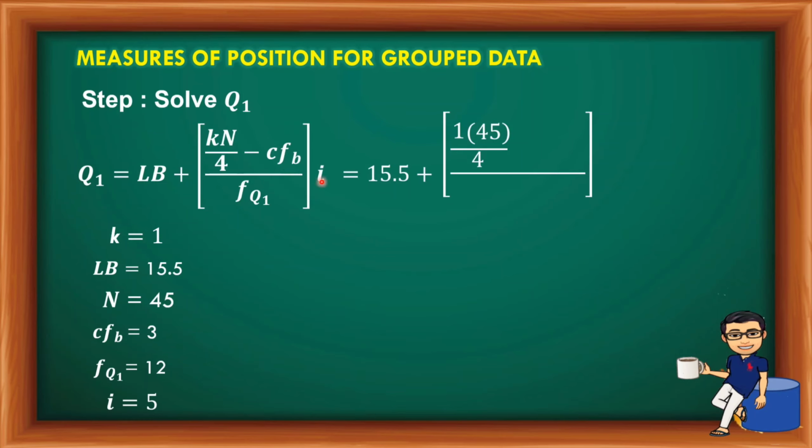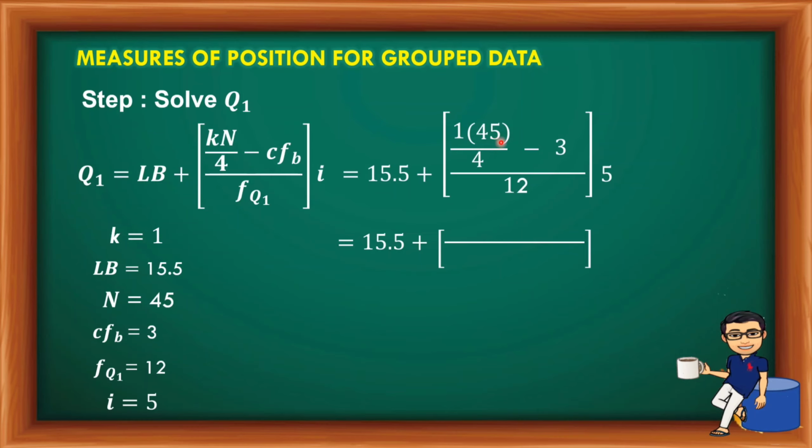So, from the formula, minus cumulative frequency below ay 3. So, we are going to write 3 there over the frequency of the class quartile, which is equal to 12, times the interval, which is 5.